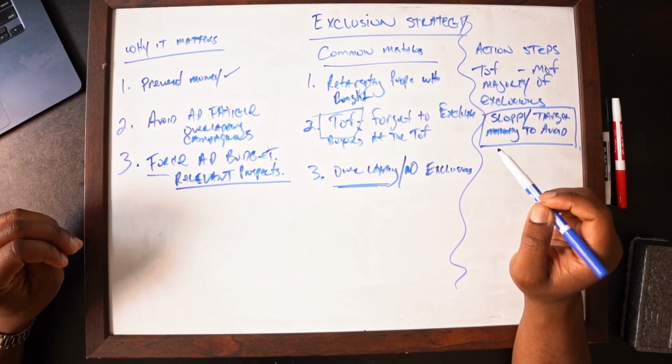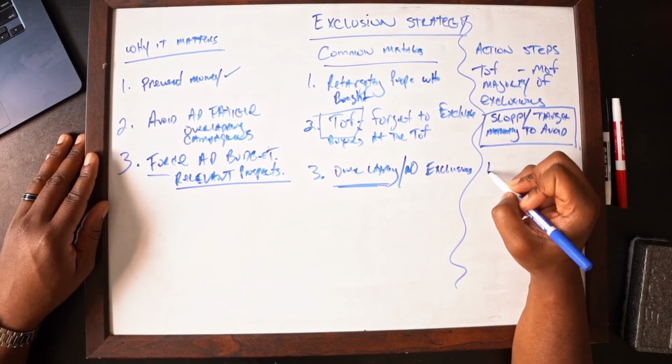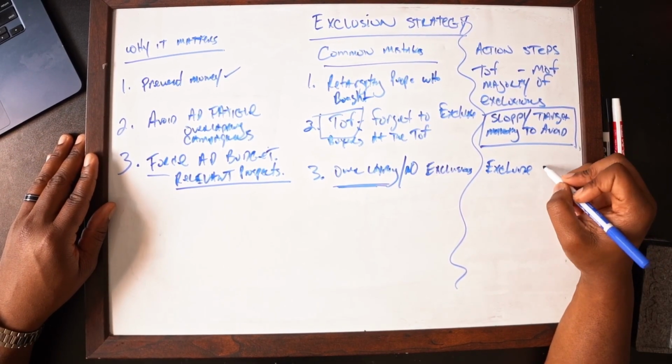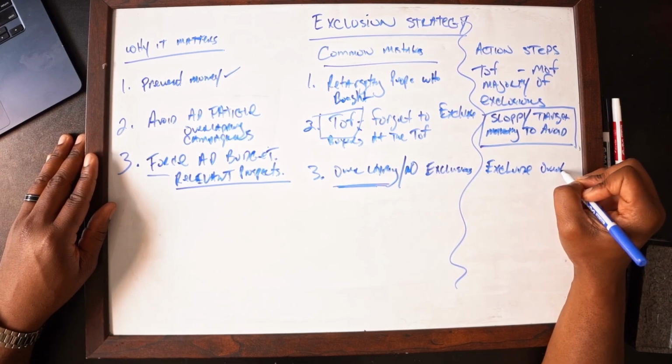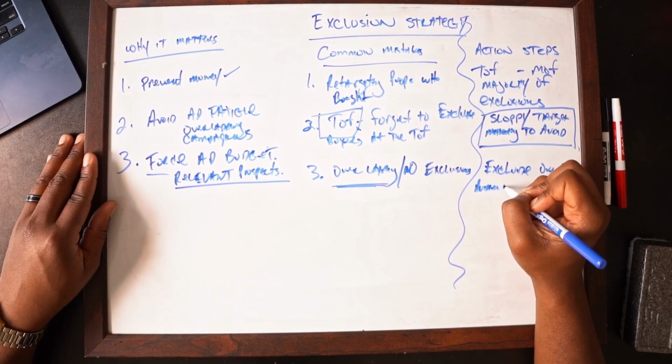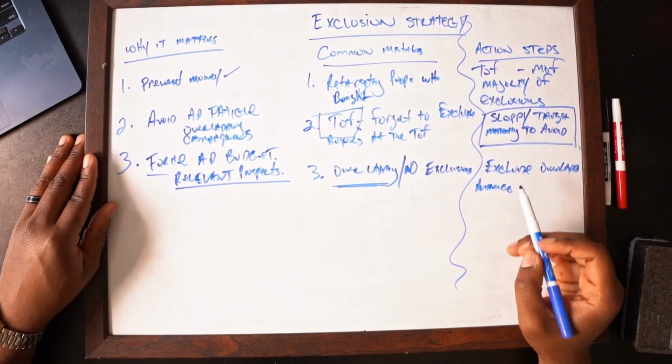So number two, you want to exclude the people who've already attended. The way you do this is you make sure that you don't have overlapping segments. So you have to exclude the overlapping audiences.